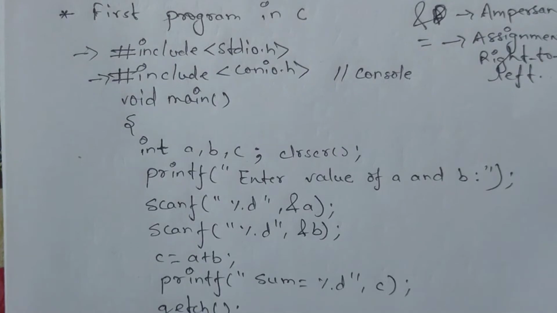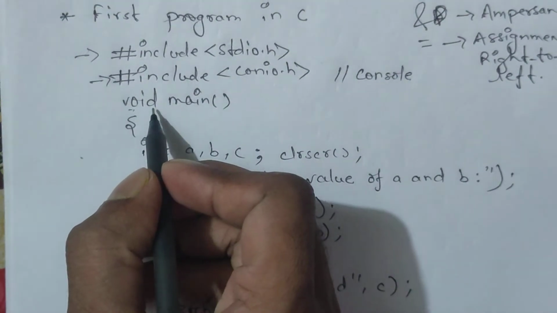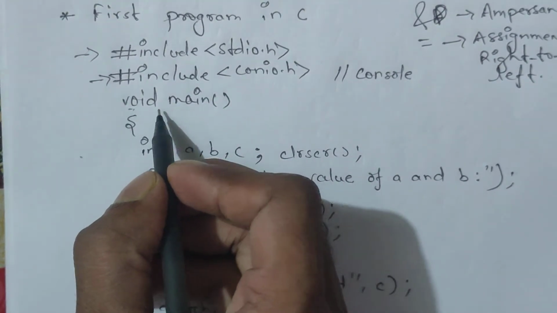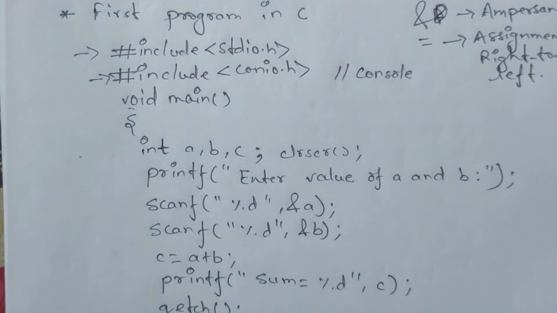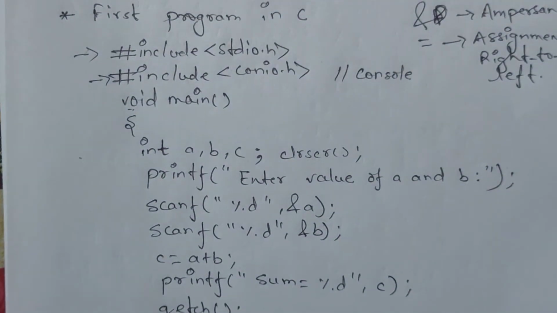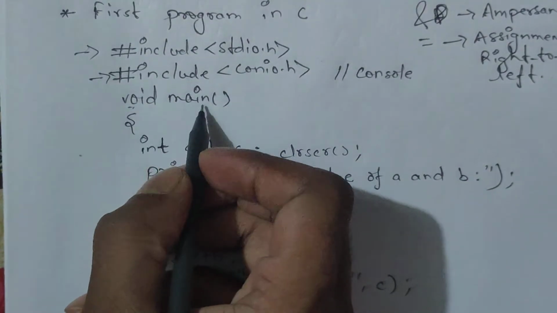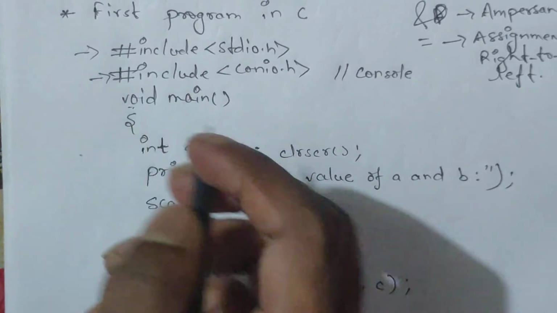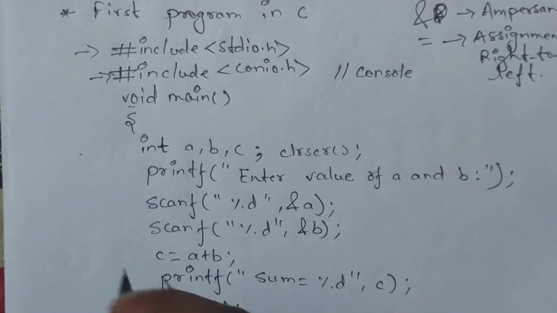Again, you are using void main to avoid warnings. We use void main, and to pass string values, numeric values, and other types of values, we use void with the main function.